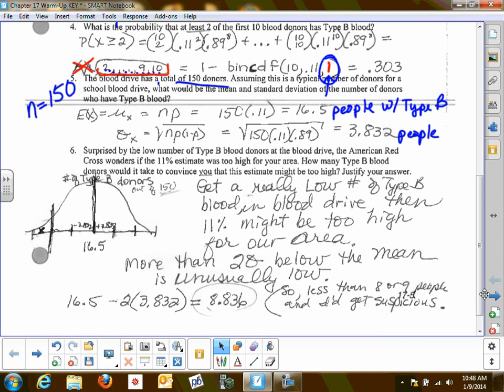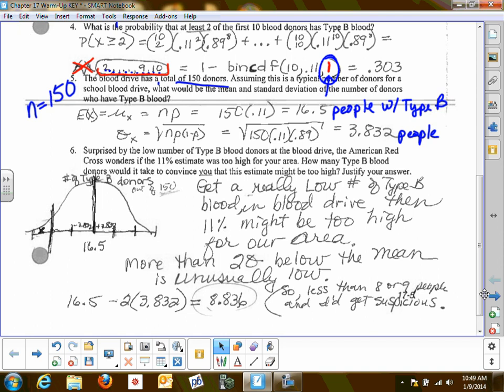Now, let's see. I want to bridge you into number 6, because I'm going to do number 6 very, very detailed. Hey, let's pretend like we did the blood drive here at Aledo High School, and we had 150 people come into the blood drive. So guess what?